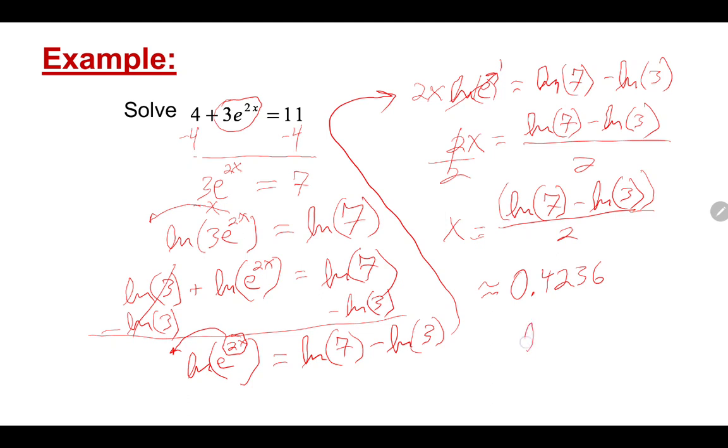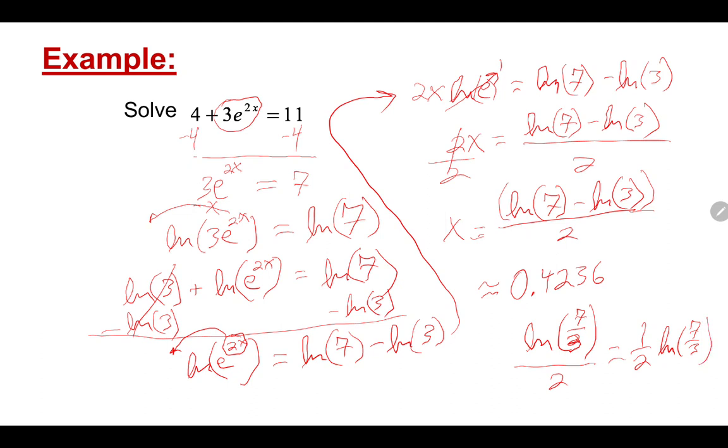It becomes ln of 7 divided by, not 2, 3, all divided by 2. Or it could be written as 1/2 ln of 7/3. Whichever way you'd like to write it.